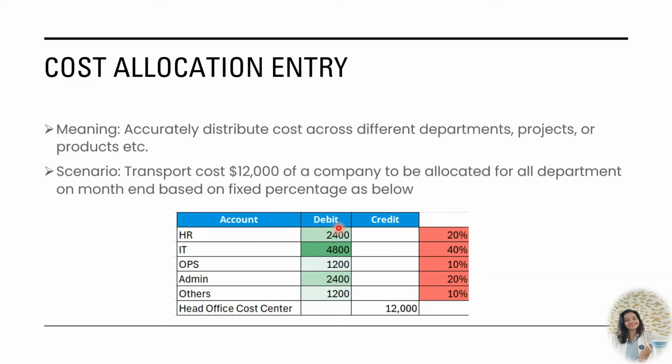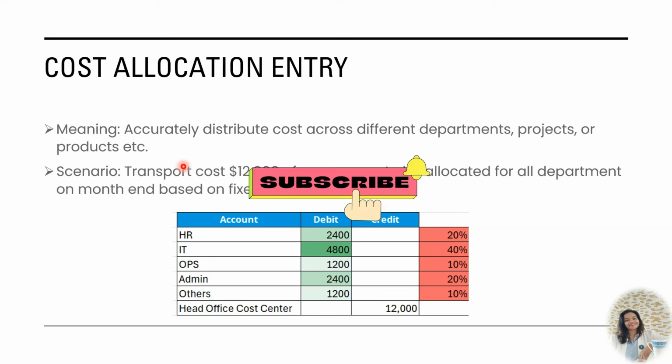In this scenario, consider the transport cost of a company which is used by various departments like HR, IT, admin and others. Once the company receives the entire cost of 12,000 at the head office, it will allocate this cost to all the accounts which are utilizing the service. So we have a person from the HR team and IT team, and they are all using the transport.